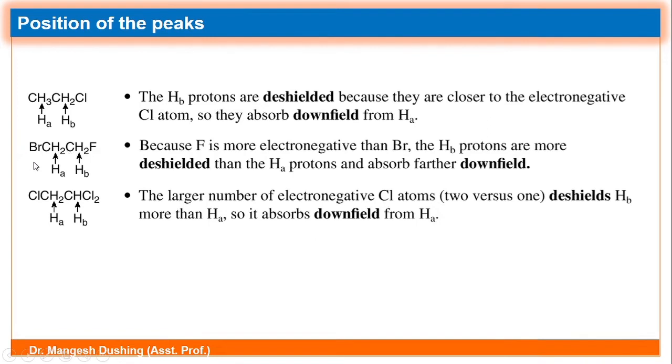So because fluorine is more electronegative than bromine, the Hb protons are more de-shielded than the Ha. So Hb absorbs at downfield than Ha.